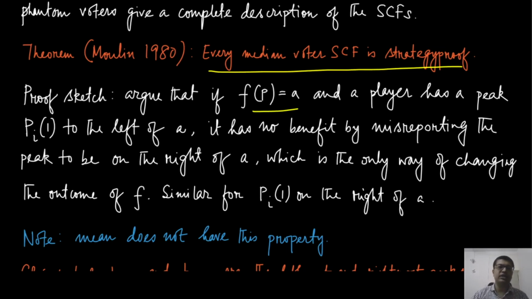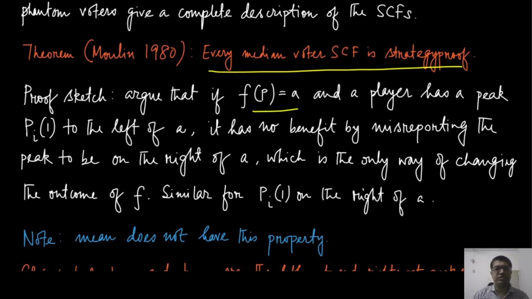If its peak is on the left of A, then it does not have any benefit in misreporting, because the only way it can change the outcome is to move its pick to the right of A. And that is strictly worse an alternative than the current outcome in its own preference profile.